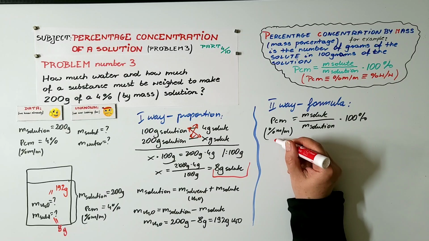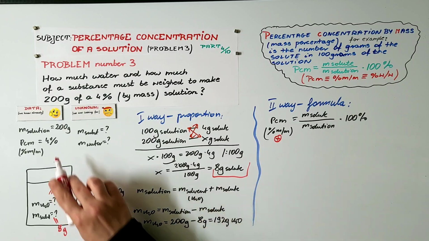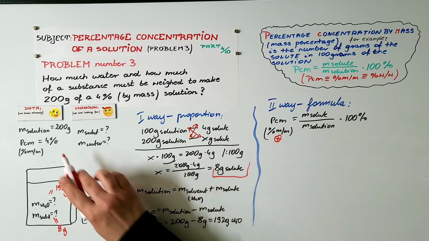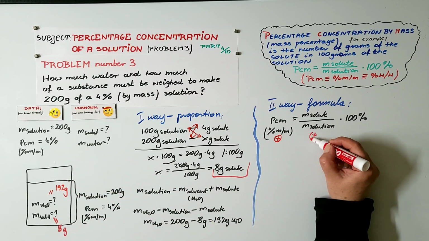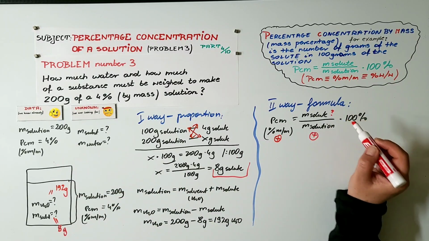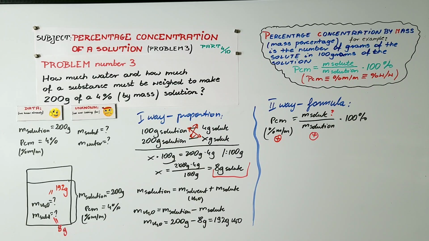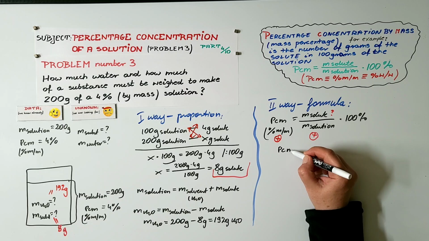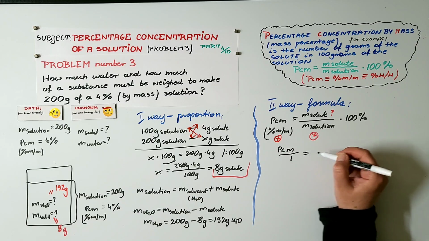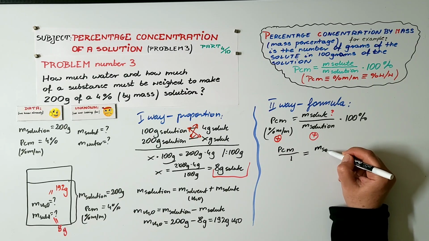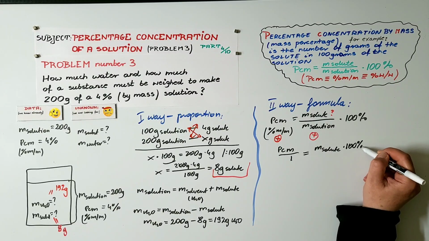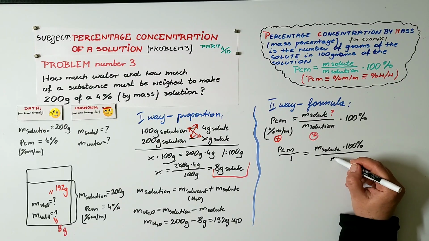We know PCM in this problem, 4%, and we know mass of solution, 200 grams. We are looking for mass of solute, so we have to transform this formula. How to do it. So PCM over 1 equals mass of solute times 100% over mass of solution.